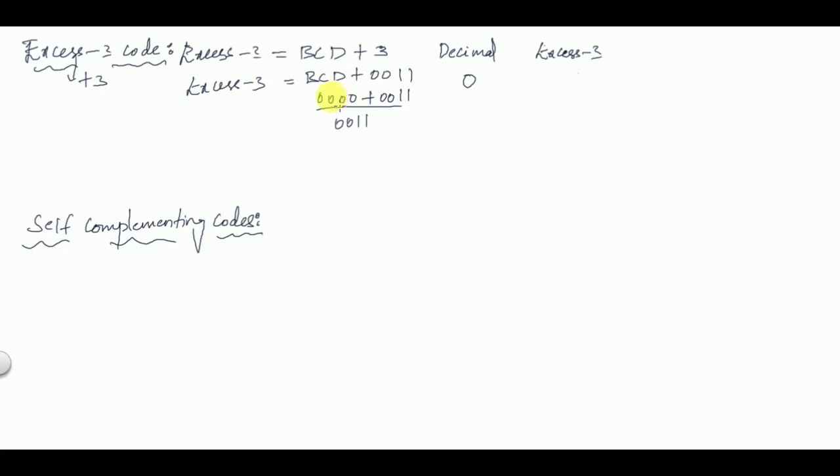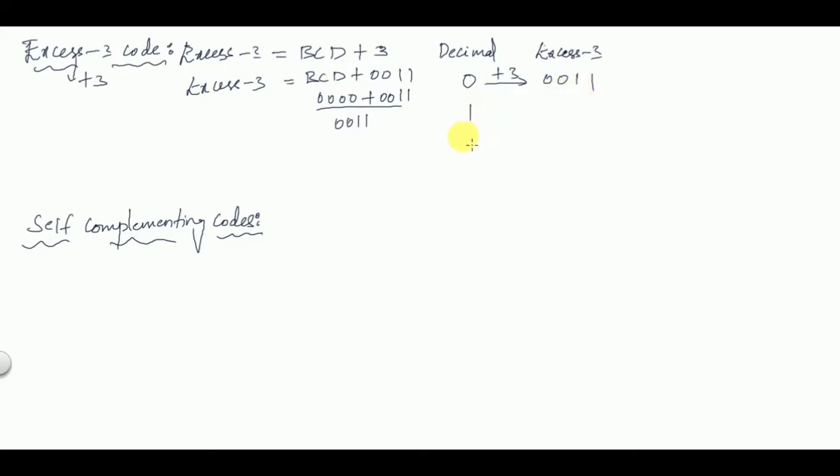For every decimal value you have to add 3 to its BCD code. 0 plus 3 is 3, and 3 represented in binary in 4 bits is 0011.